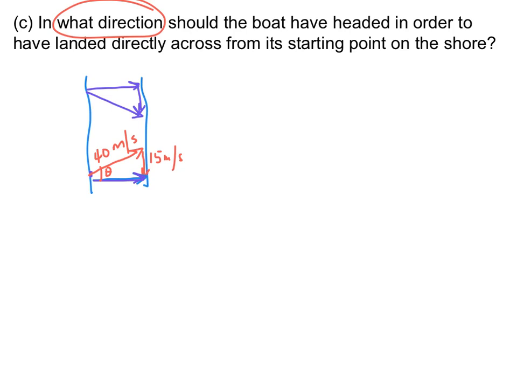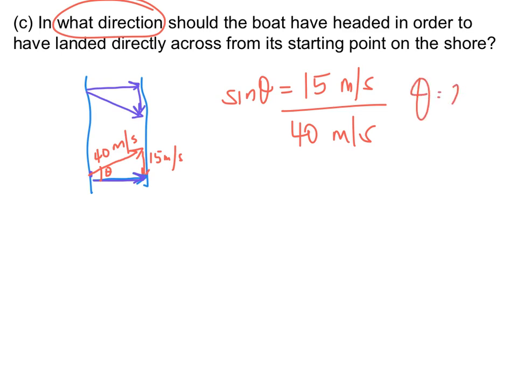Let's go ahead and do that. I know the opposite side is 15, and I know the hypotenuse is 40, so sine would be the best function here. Sine of theta is the opposite over the hypotenuse. We do the inverse sine of 15 divided by 40, and we end up with about 22 degrees. So our theta is 22 degrees.